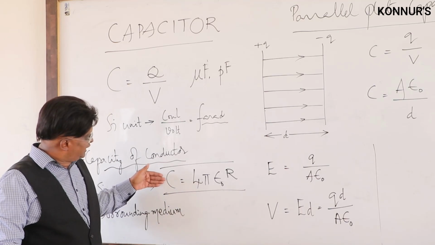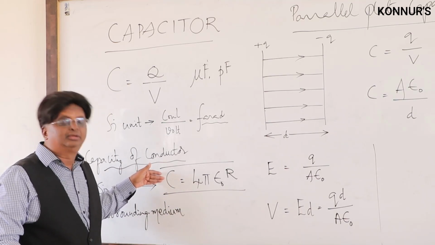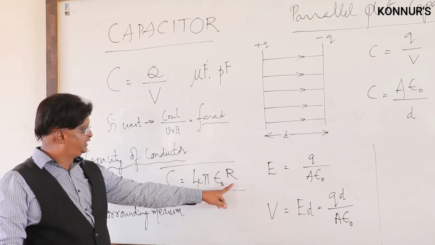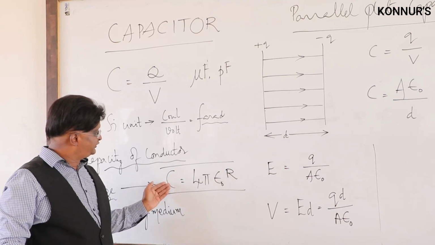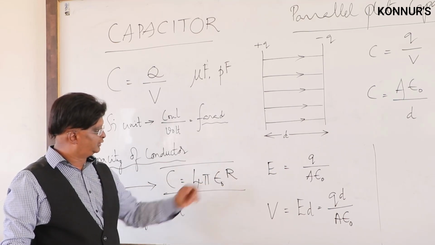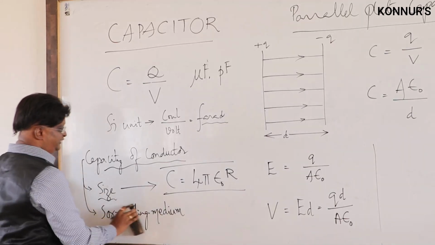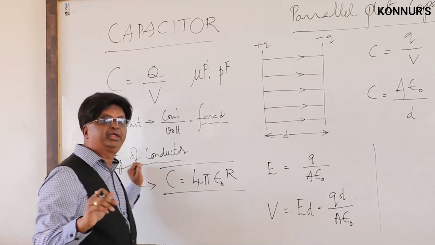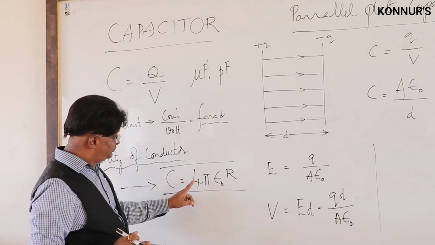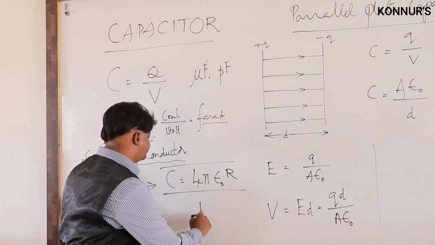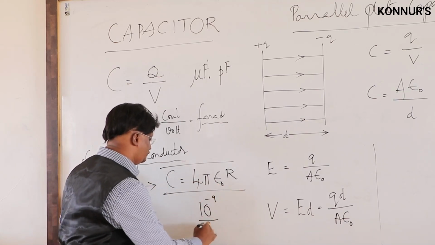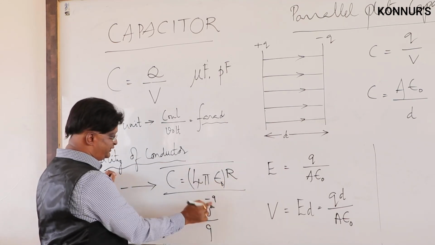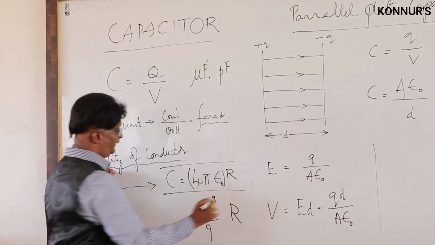I take a conductor in the form of a sphere of radius R, then the capacity is 4 pi epsilon naught R. This 1 by 4 pi epsilon naught value earlier we used in Coulomb's law, which is 9 times 10 raised to 9. Then the magnitude of 4 pi epsilon naught is 10 raised to minus 9 upon 9. So the capacity is 10 raised to minus 9 by 9 times R.